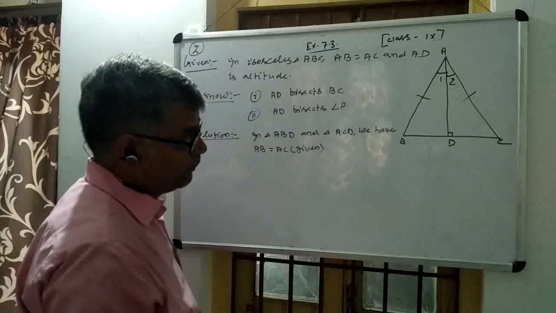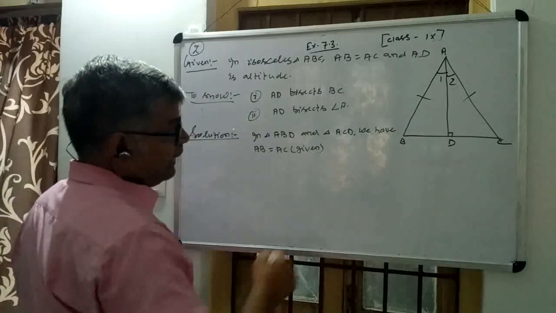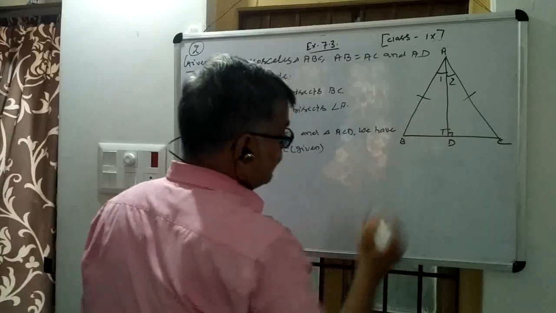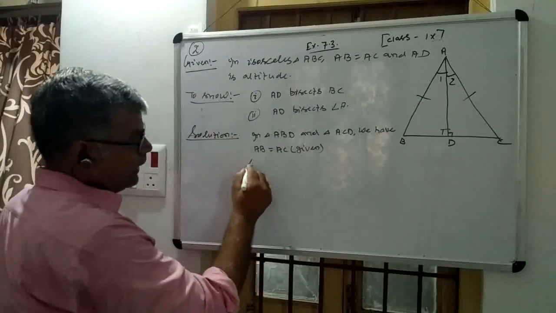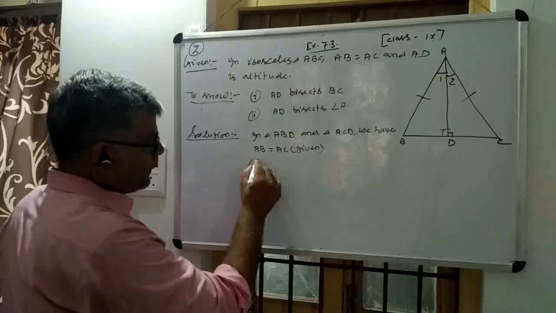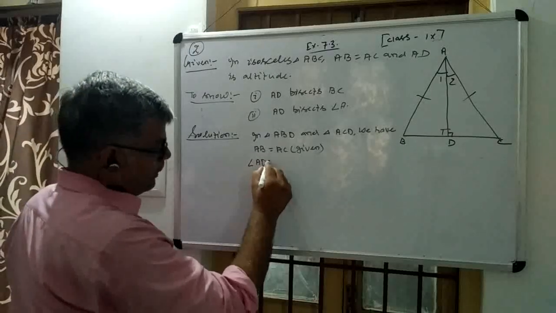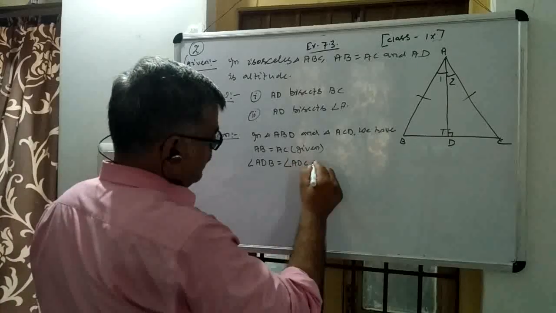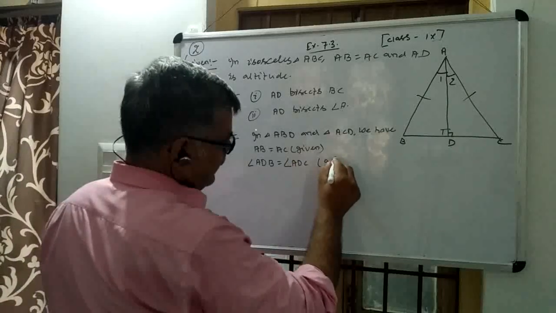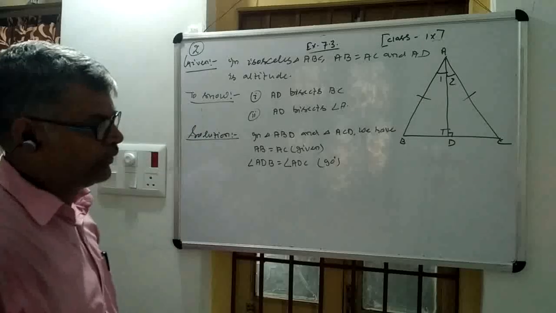Write the reason also. Now it is an altitude, so you may write angle ADB equals angle ADC equals 90 degrees because it is an altitude.